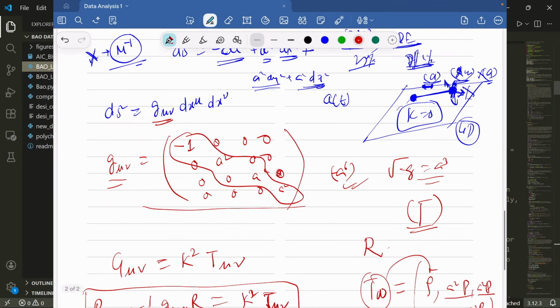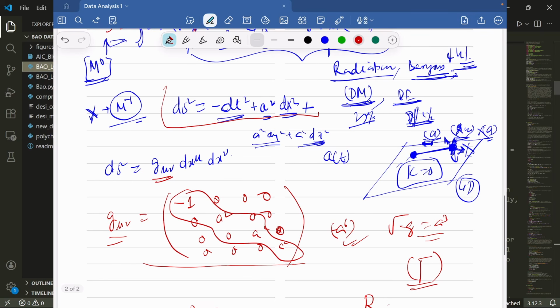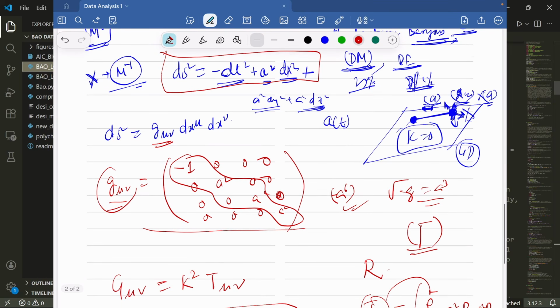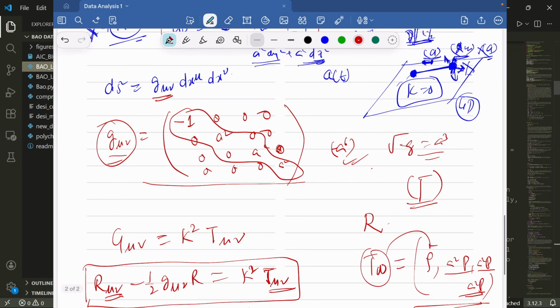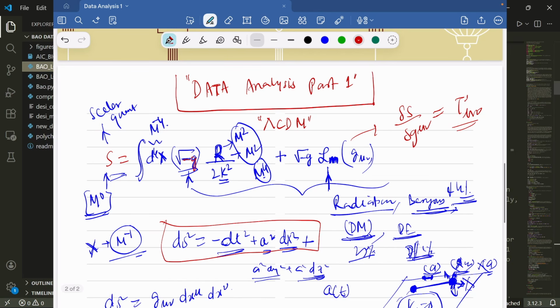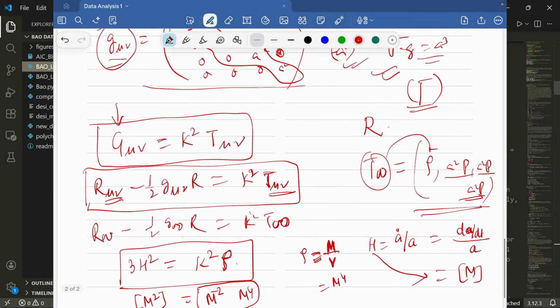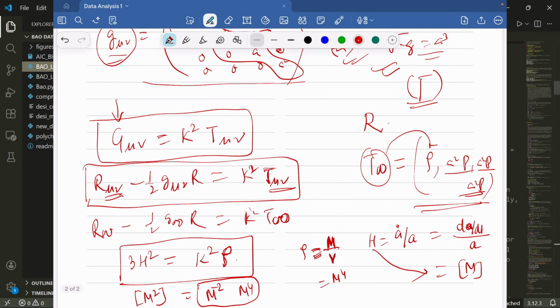All right, so I have to use the metric. From the metric, I know the metric components. I can easily compute the determinant, and if I vary the action with respect to g mu nu, this is the very simplest thing you can do. I can get the energy momentum tensor. On the left hand side, I can get the Einstein tensor, and component-wise I will get the independent equations.